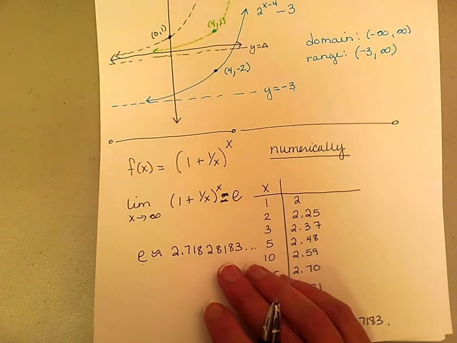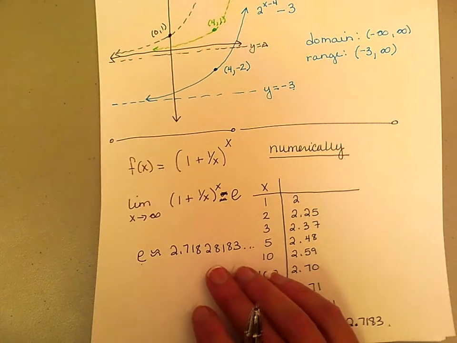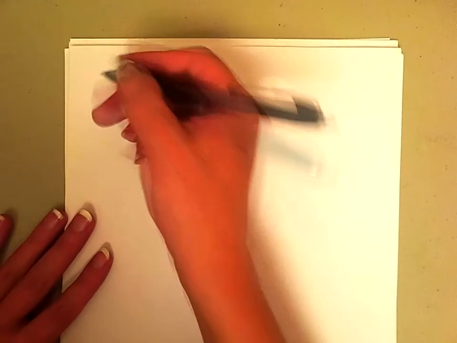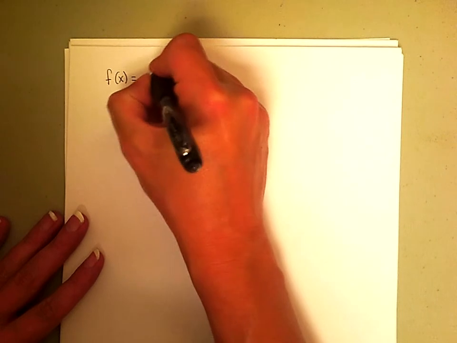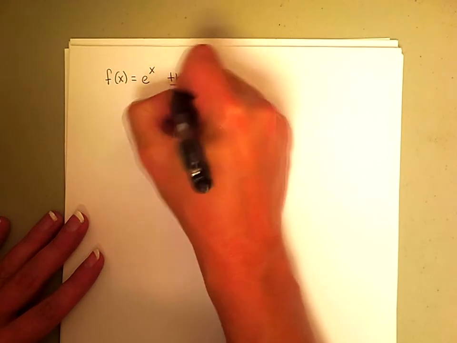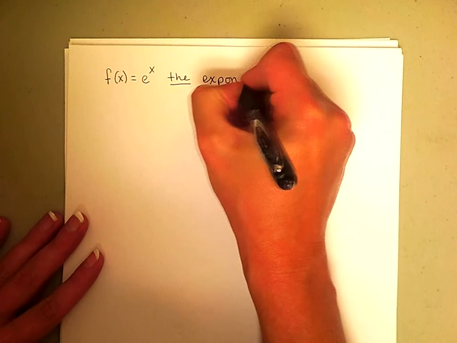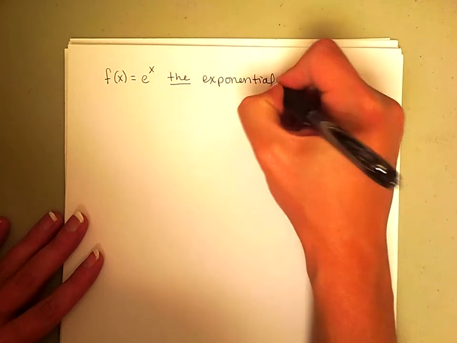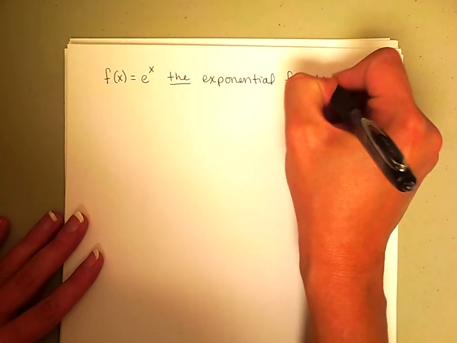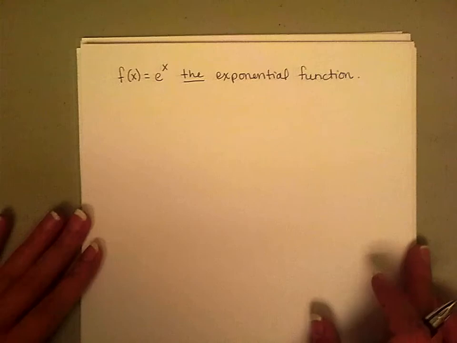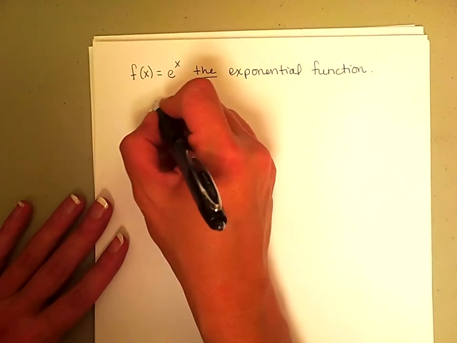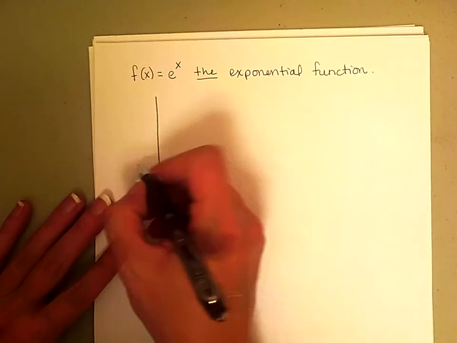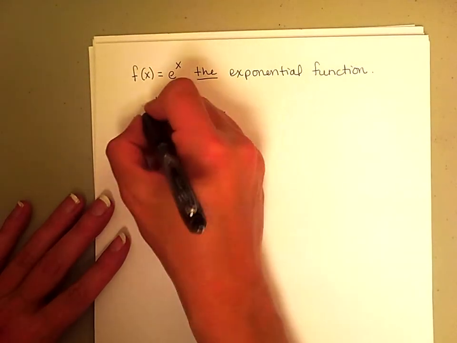And it is known as the exponential function. It is the exponential function. But in the end, it acts the same as the other graphs. Okay. I hope we could agree about this.